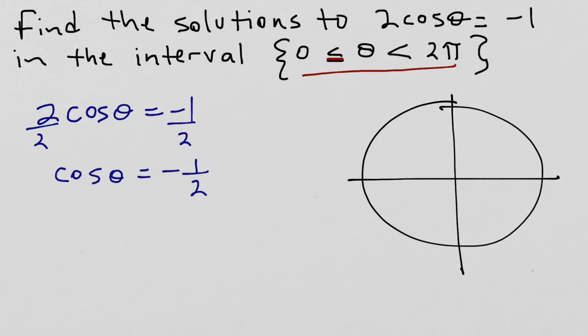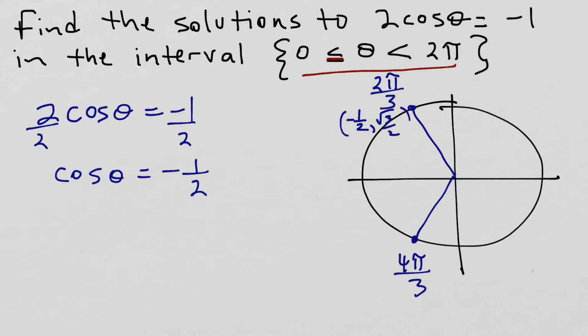Well, your cosine is -1/2 at that angle here, which is 2 pi over 3, and this angle here, which is 4 pi over 3. If you look at your coordinate pair, cosine comma sine, you've got -1/2, positive √3 over 2.